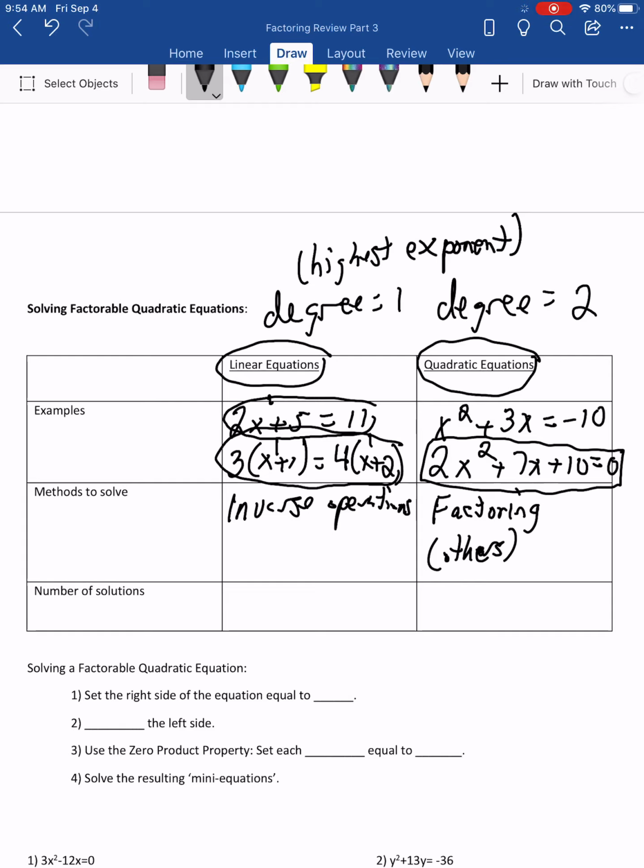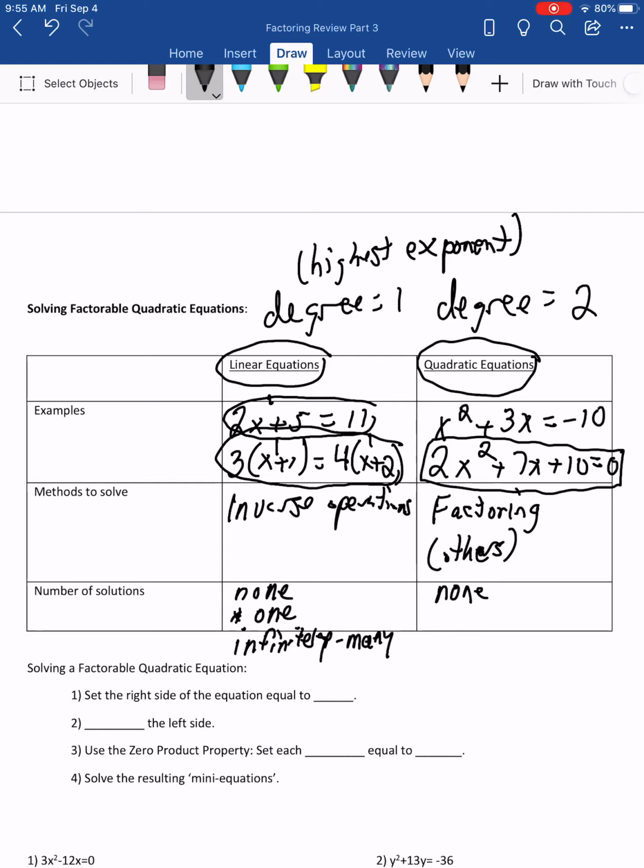Number of solutions. What you should remember, linear equations can have none. Sometimes you get no solution, and most of the time you get one solution, and then you also have the case where you have infinitely many solutions, okay? Quadratic equations can have no solutions.